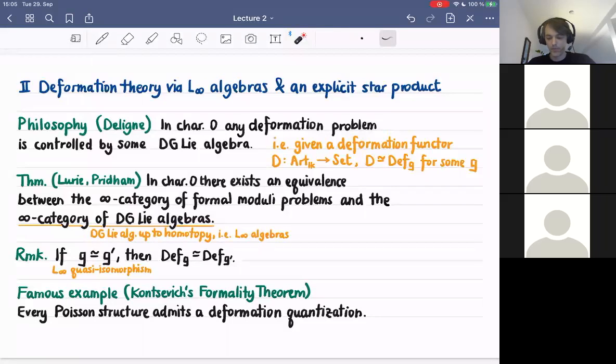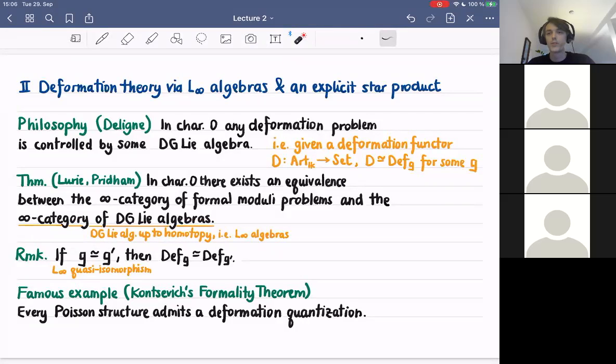Then you can hope to find an L-infinity algebra or DG Lie algebra that controls your deformation problem. But this is not unique. If you have two L-infinity quasi-isomorphic DG Lie algebras or L-infinity algebras, then the associated deformation functors are isomorphic.